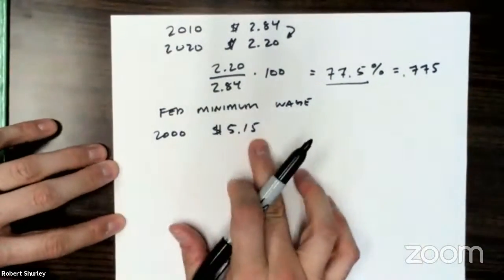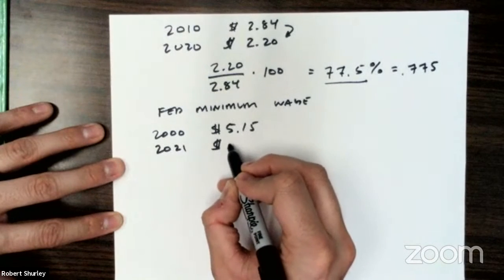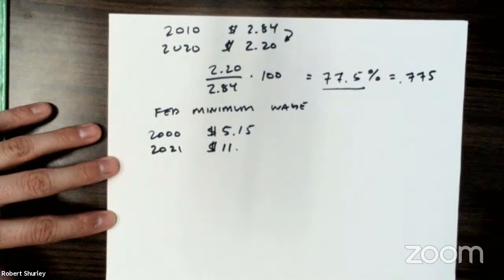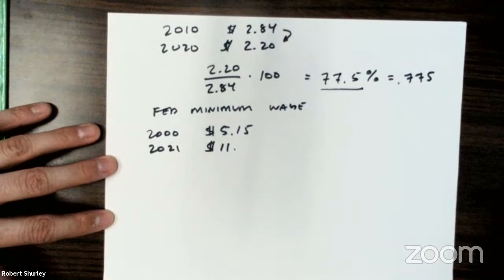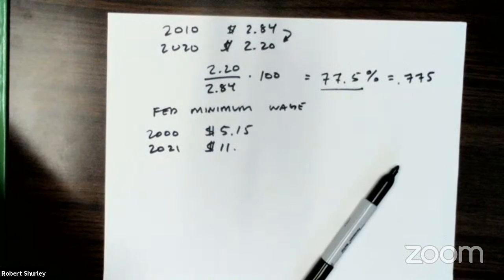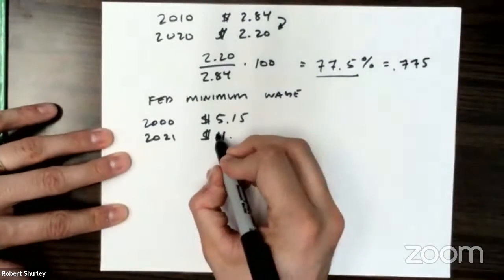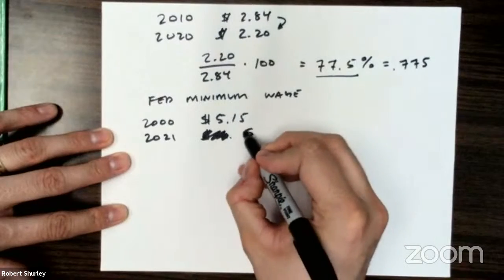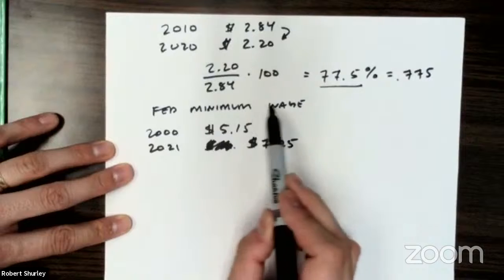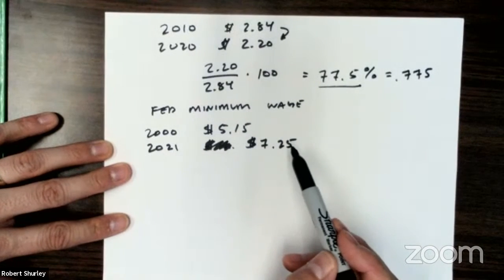The current minimum wage, is it 11? Is the federal 11, or is that an Arkansas thing? Hold on. Current federal minimum wage is $7.25. That $11 thing is an Arkansas thing. So the federal minimum wage in 2000 was $5.15, and now it is $7.25.